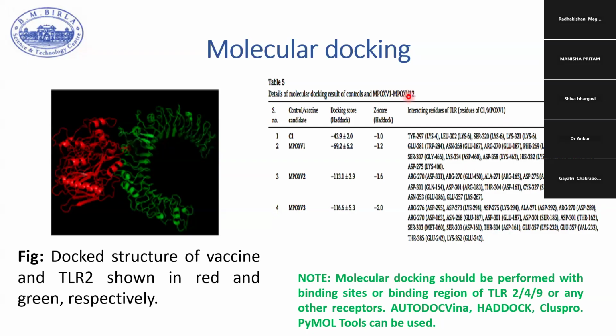After docking, you have to prepare a table like this, where you can use a control as C1. Any control you can use. So what kind of control can you use? You can download a TLR structure from the PDB database, where you can easily find some complex form of protein with TLR2. Download that protein and use that as a control.